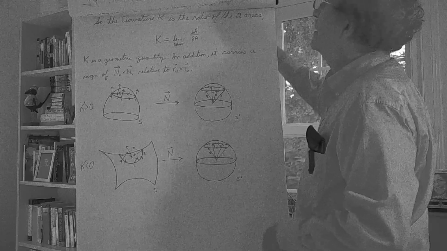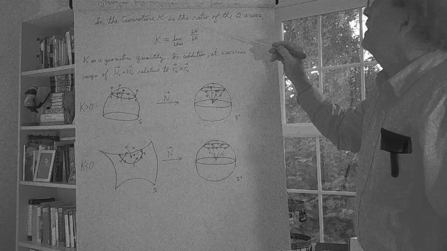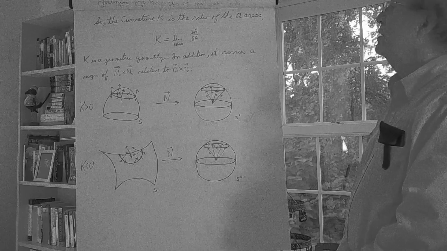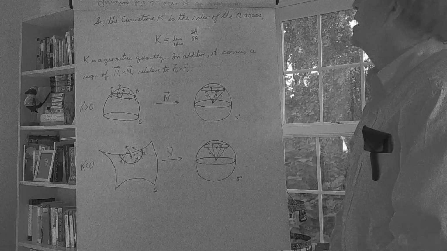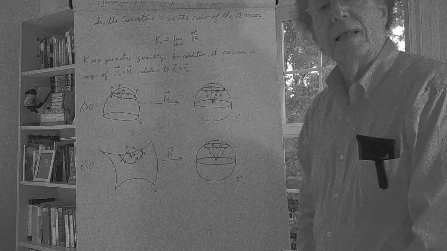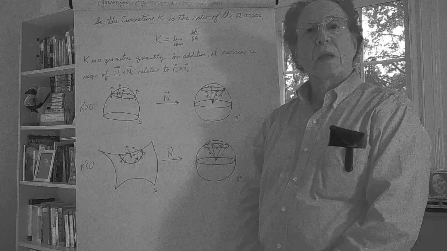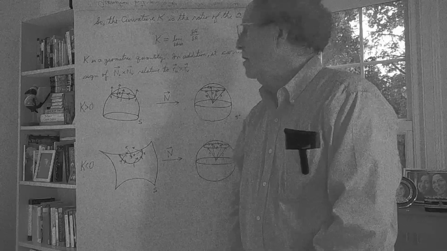So then we learned that the Gaussian curvature at that point is just the ratio of those elements. And if we want to state what the Gaussian curvature is at a point, we have to take the limit of the areas when they go to 0. And so that's then Gauss's intuitive idea behind his curvature.